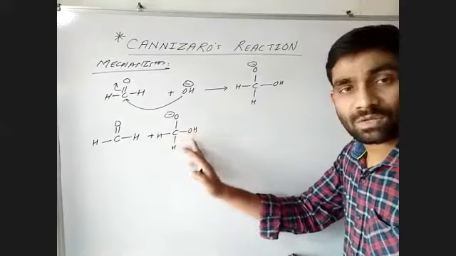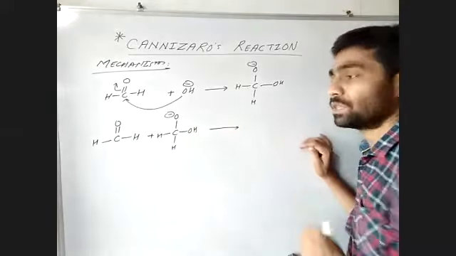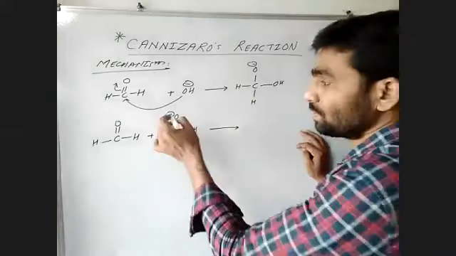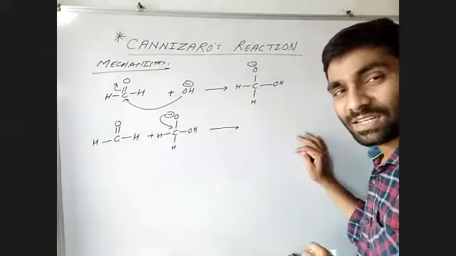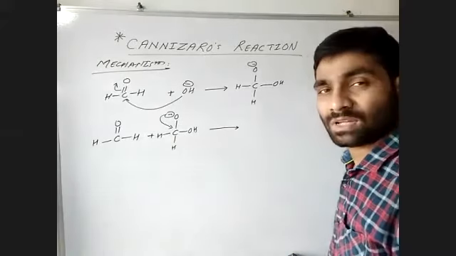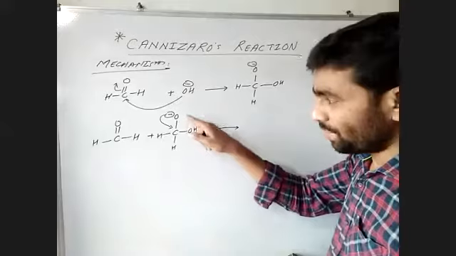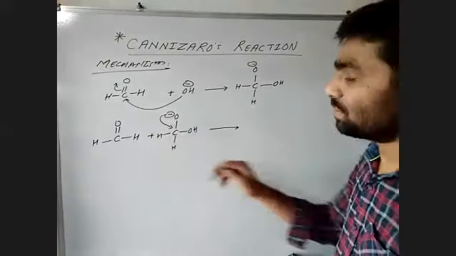Now this O minus, if it tries to restore the bond, that would make 5 bonds of carbon, which is impossible. So the oxygen minus will restore the bond, trying to become a carbonyl.